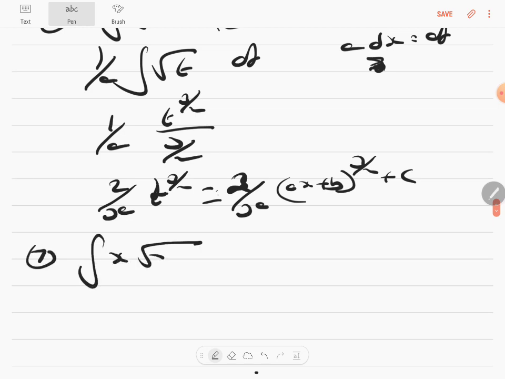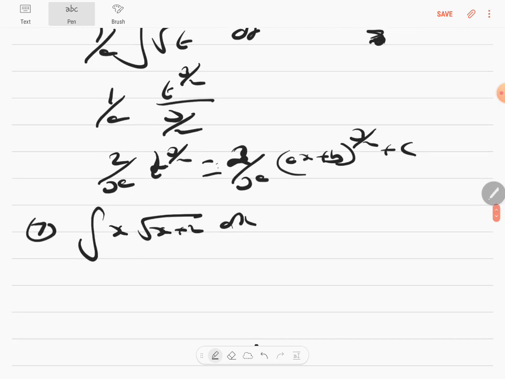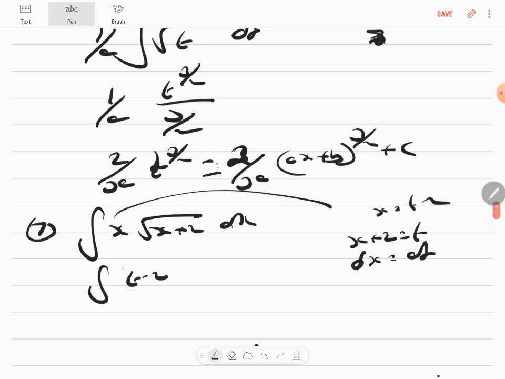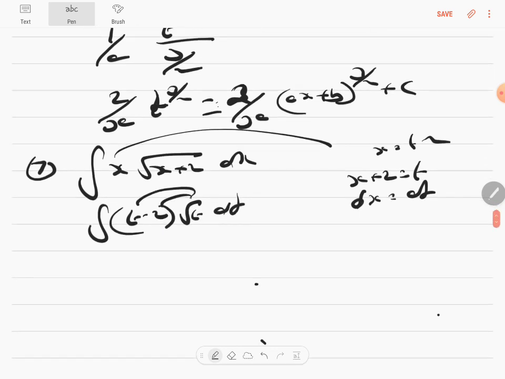Integration of x into root of x plus 2 into dx. Here, whatever is inside the root, x plus 2, I will assume it as t. So dx becomes equal to dt. So what is x therefore? It is t minus 2. So change it around. You get t minus 2 into root t into dt. The advantage is now you can bring it inside.